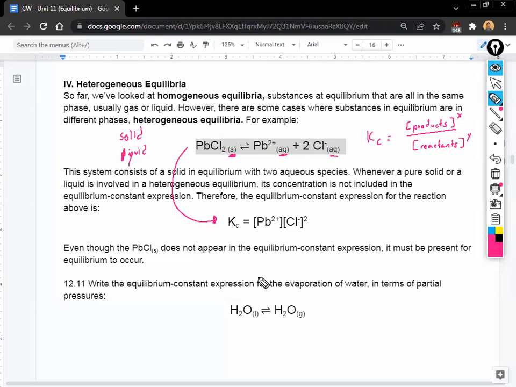We don't include anything that's a pure solid or a pure liquid. We only include it in the equilibrium constant if it is aqueous or if it is a gas. It's important to note that PbCl2 is still part of the reaction. We just don't include it in the equilibrium constant.